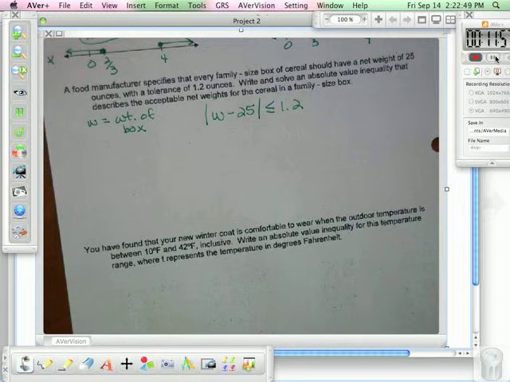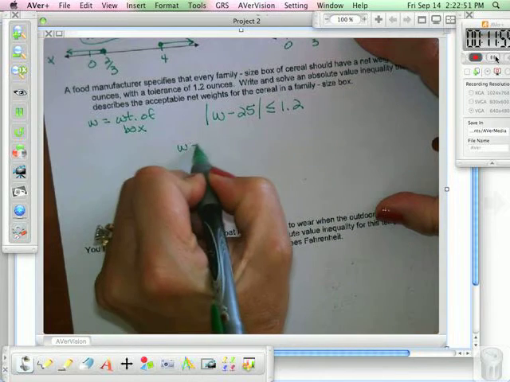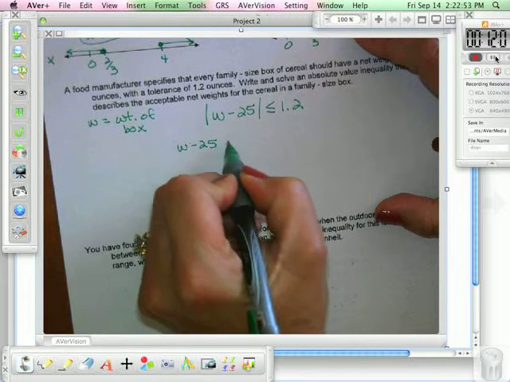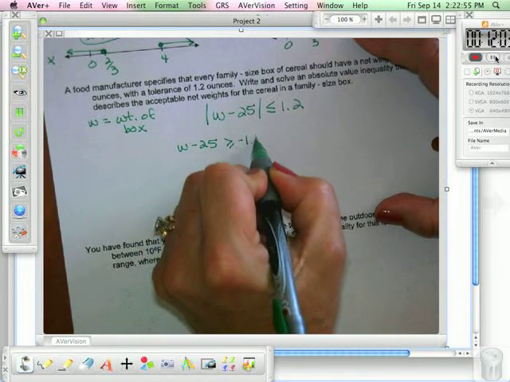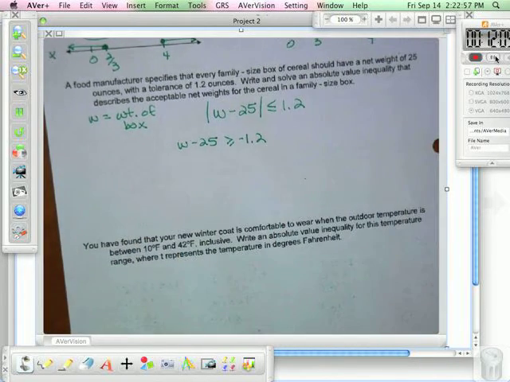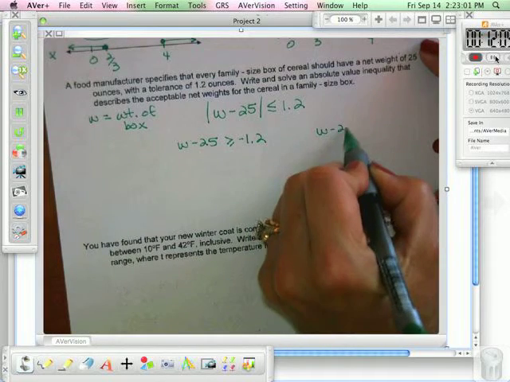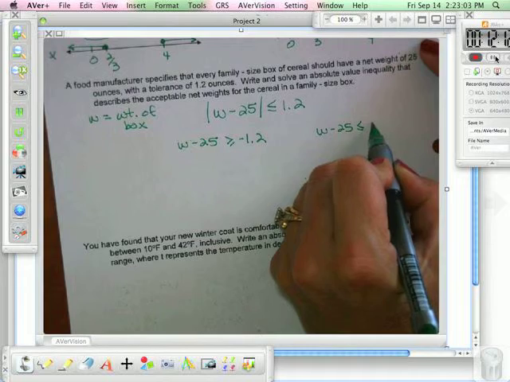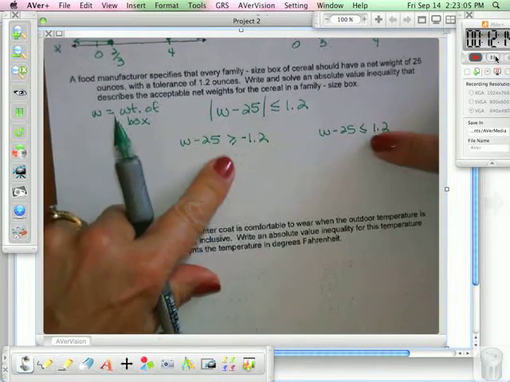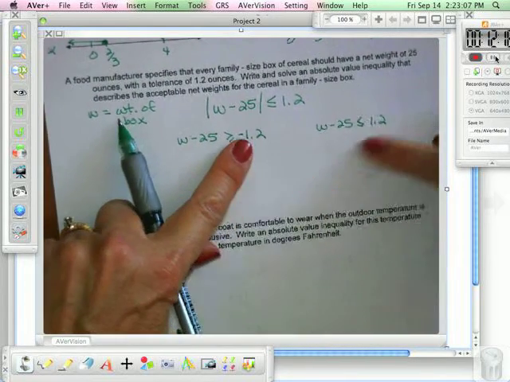W minus 25 has got to be greater than or equal to -1.2, because I'm shooting for an AND here, if you visualize it in your head on the number line. These two are facing each other, right?